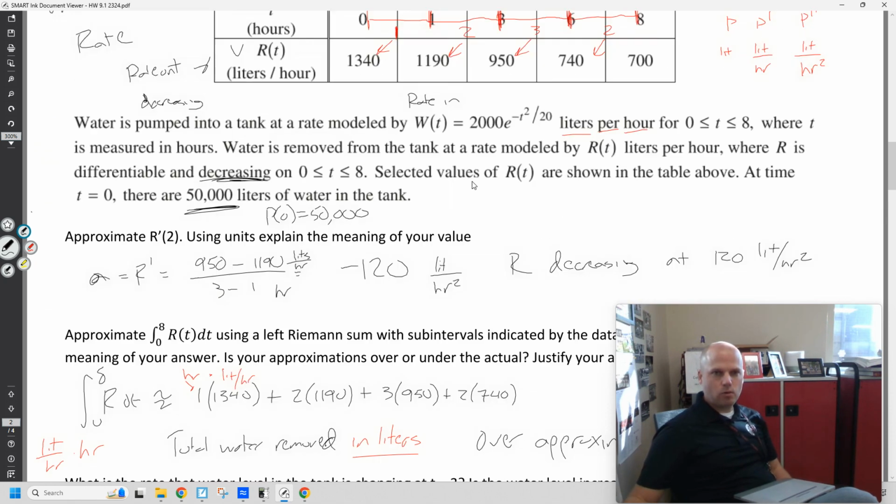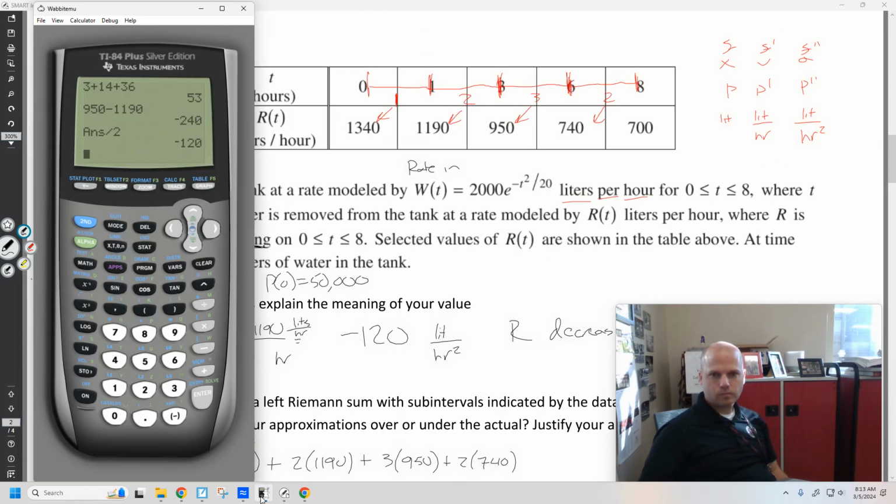Now this is when maybe you are using your calculator, and you need to find W of 3. There's two ways to find W of 3. You guys should be used to it. One could be just plugging in 3 into W. Cool.